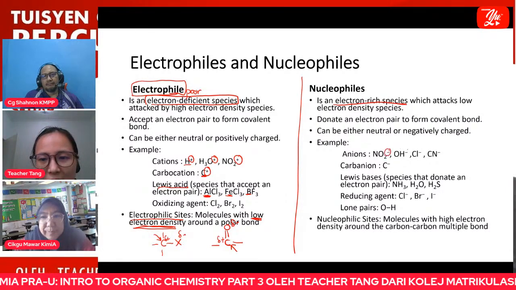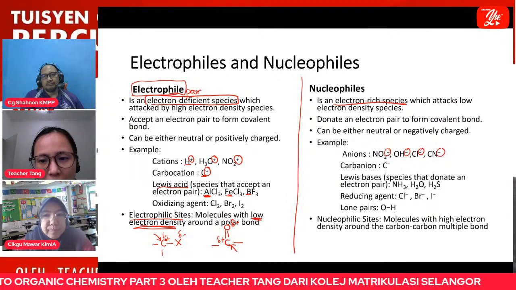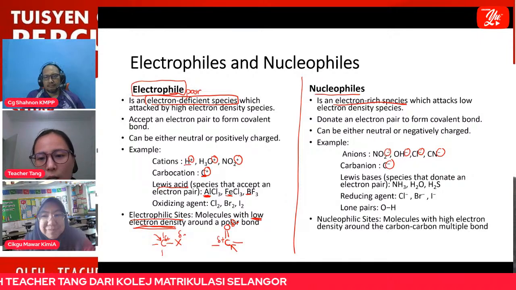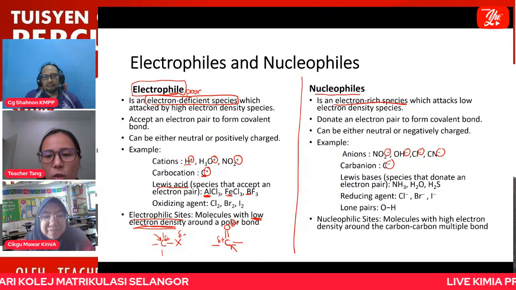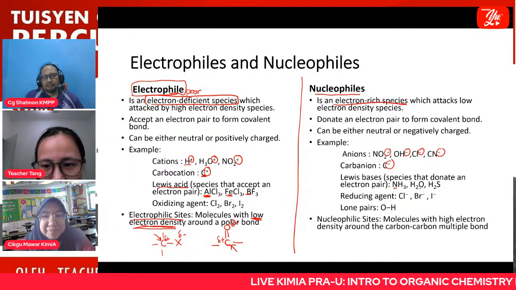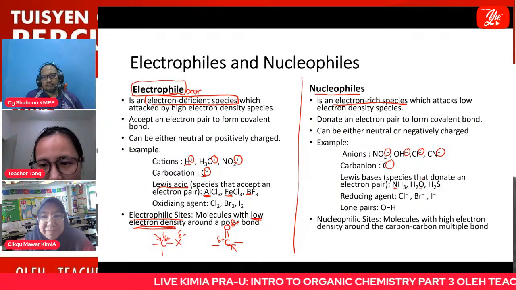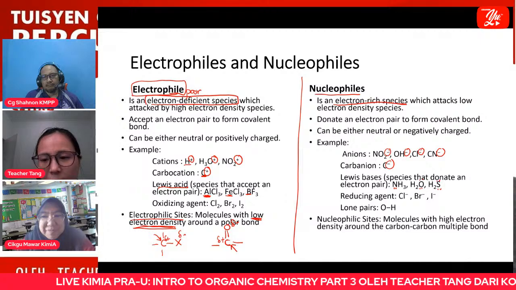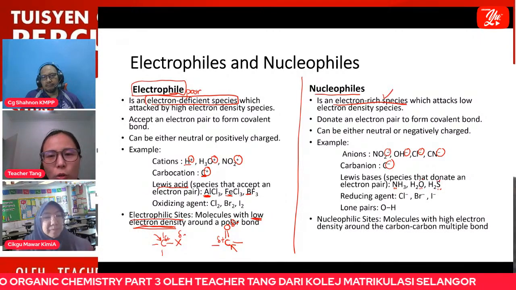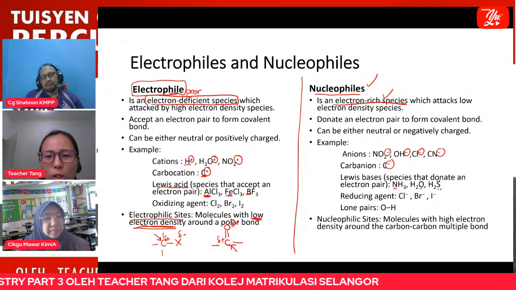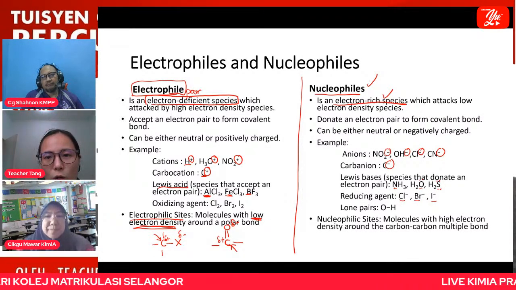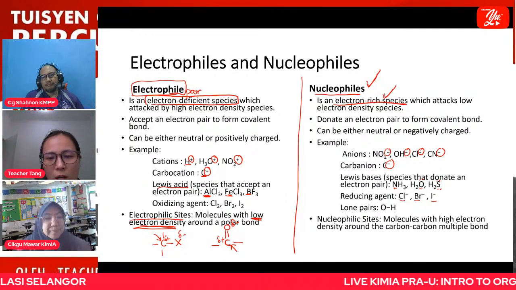It is negatively charged, so it will be a nucleophile. Besides that, Lewis bases usually have lone pairs, so they are rich in electrons and are nucleophiles. Reducing agents like chloride, bromide and iodide are also nucleophiles because they are rich in electrons.